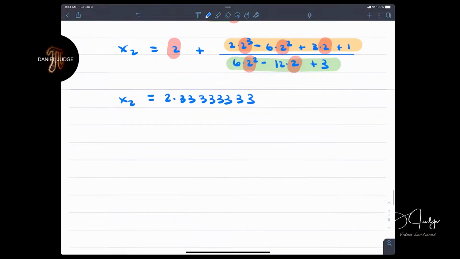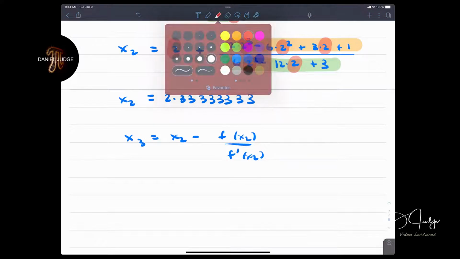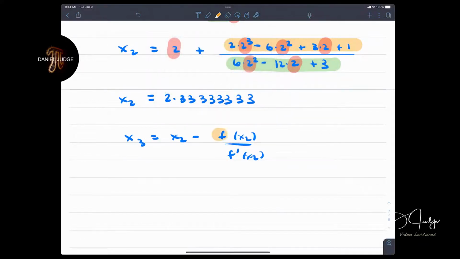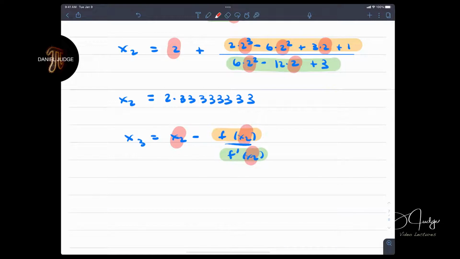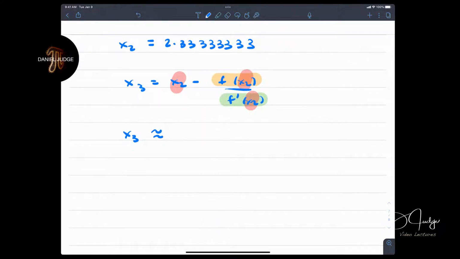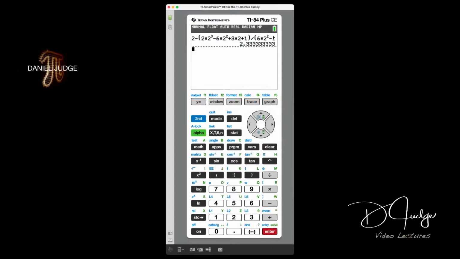And I'm writing that down. I'm now going to do the third iteration, which is x2 minus f of x2 over f prime x2. So my f function, my derivative, the seed, are the second iteration now. We're going to find x3. But I'm going to use the prior answer function in the TI, which is gold here.